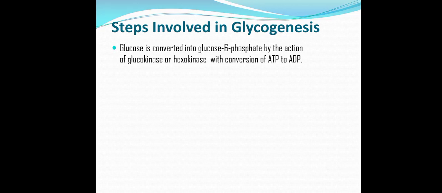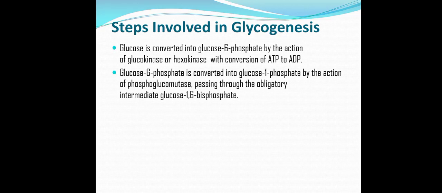Now we switch over to the different steps involved in glycogenesis. Firstly, for the conversion of glucose into glycogen, the first step of the EMP pathway is carried out, that is, phosphorylation. For the purpose of activation of glucose, glucose is converted into glucose 6 phosphate by the enzyme glucokinase or hexokinase.